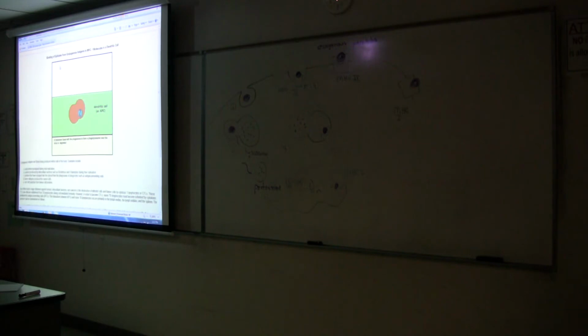I'll put a link to, or at least the address of this up on D2L. And it starts to get broken down. That's the normal process for getting peptides to put on MHC2, right? It fuses with the lysosome and gets broken down. It's exogenous. But now, some of those products that are produced by the lysosomal enzymes leak out of the lysosome.